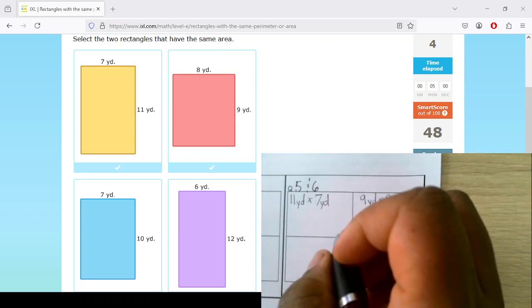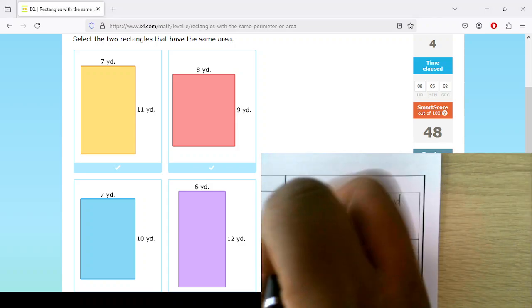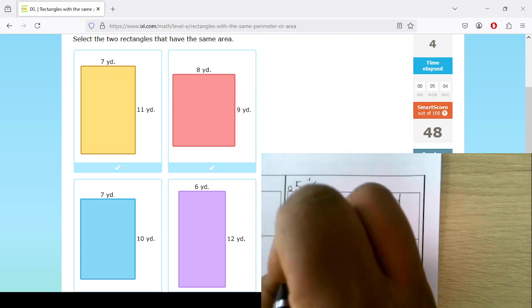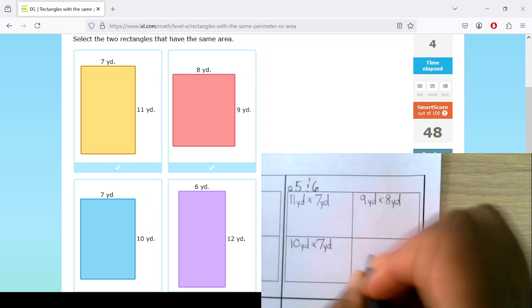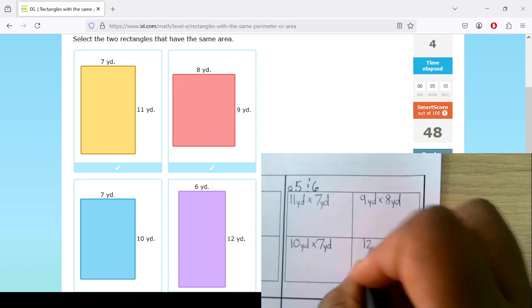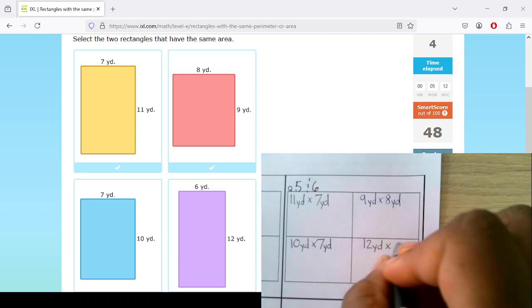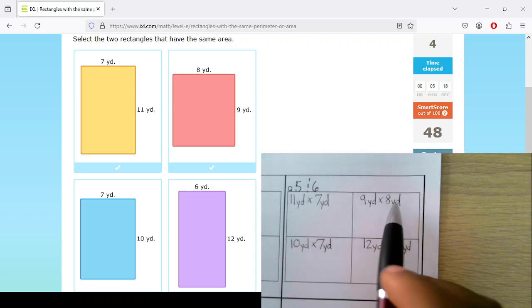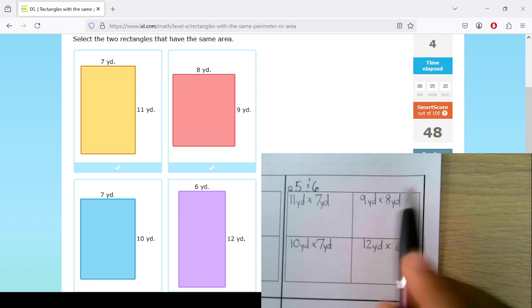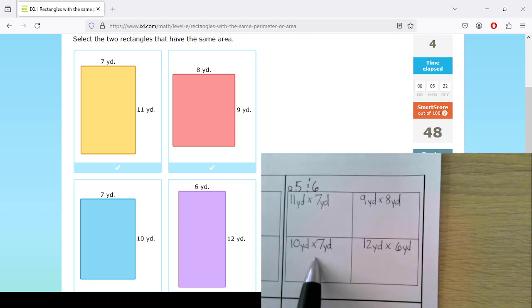And then I have, I can't see, 10 yards times 7 yards. And then I have 12 yards times 6 yards. So I have 77, I have 72. I'm looking for the smaller area. So 77, 72, just 70. So 12 times 6. Let's see, 12 times 6 is 72.